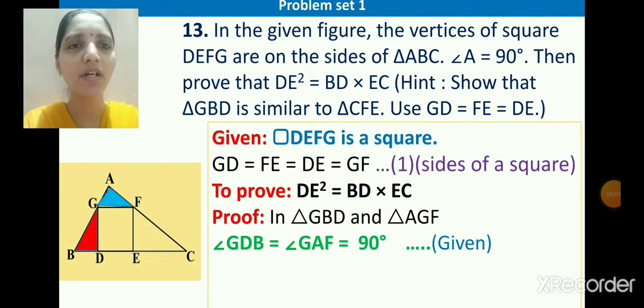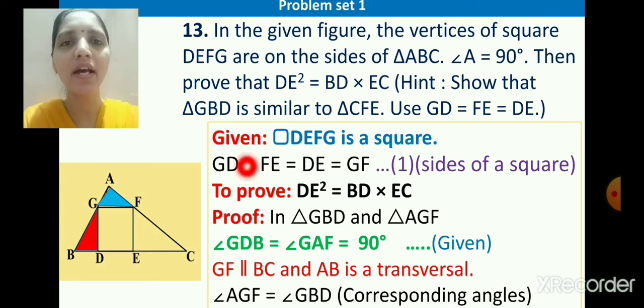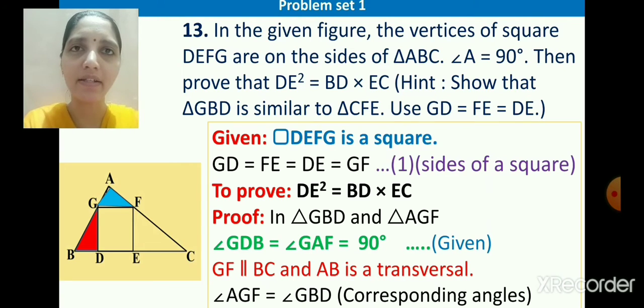If you consider seg GF is parallel to seg BC and AB is the transversal, then what you'll get? Yes, angle AGF is equal to angle GBD. Why are these two angles equal? Because they are corresponding angles.